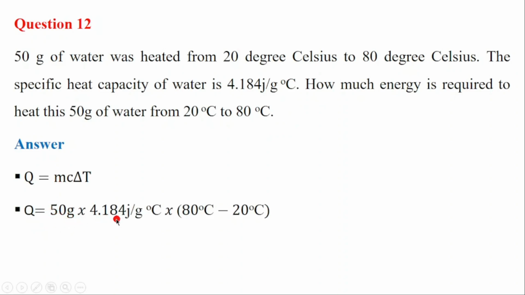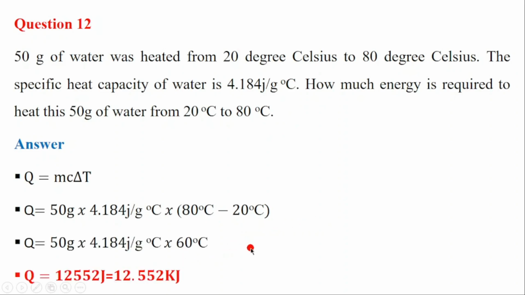The specific heat capacity of water is 4.184 joule per gram degree Celsius, and the change in temperature is 80 degrees Celsius minus 20 degrees Celsius. Calculating, we immediately get 12.552 kilojoule. You convert joule to kilojoule by dividing by 1,000. That is the formula for calculating the heat.